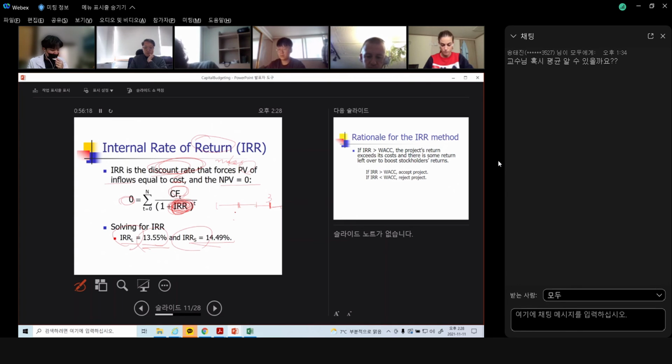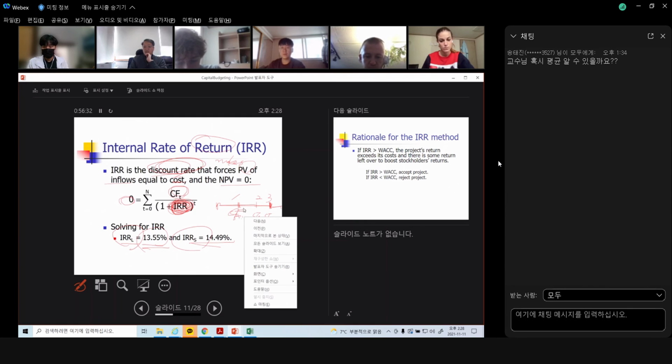But for example, cash flow 1, cash flow 2, cash flow 3 at time 3, if we assume there is a 3-year project, then according to the IRR, the cash flow at time 1 can be reinvested at the IRR, right?